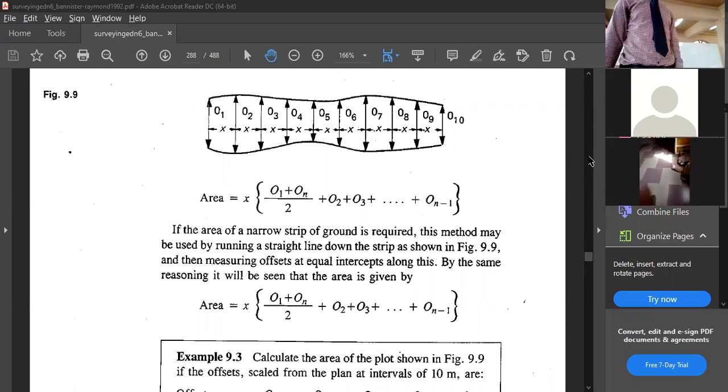Very simple question. What do you need to use the formula which is coordinates? What is required to calculate the area based on coordinates? What is required?